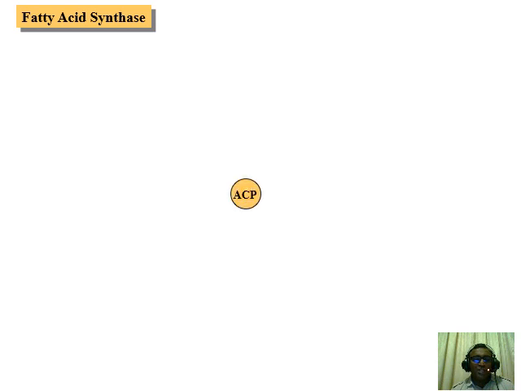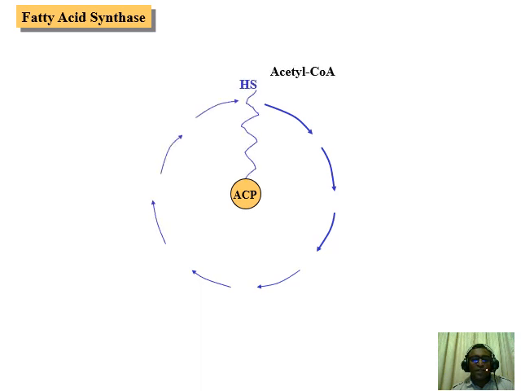So here the whole process is repeated again with a different animation slide, so that you can understand better compared to the other one, which uses the old transparency. So we start the explanation by having the fatty acid synthase component ACP, where it is free to react with acetyl coenzyme A to become acetyl ACP.